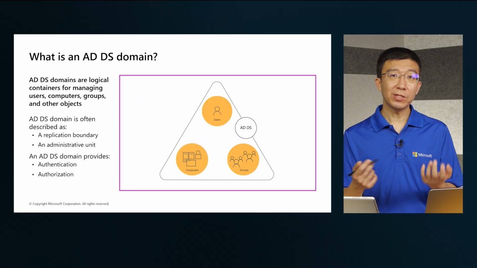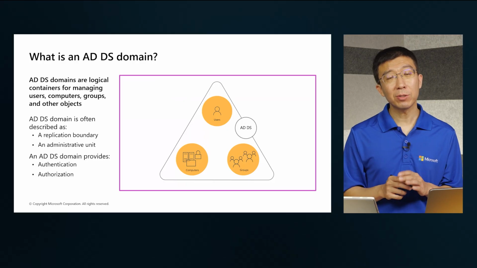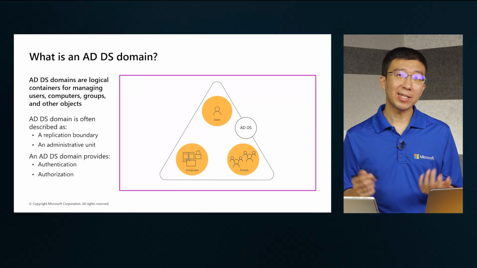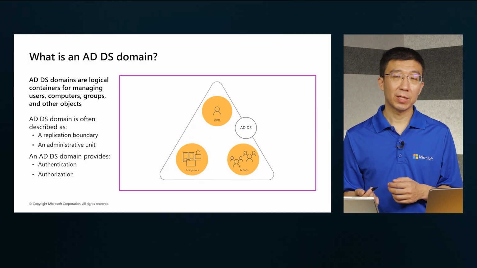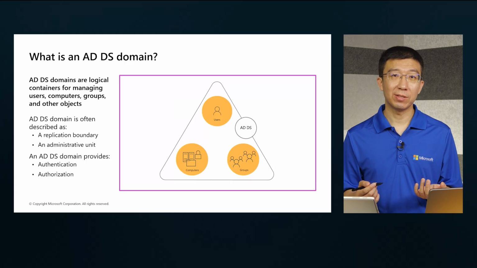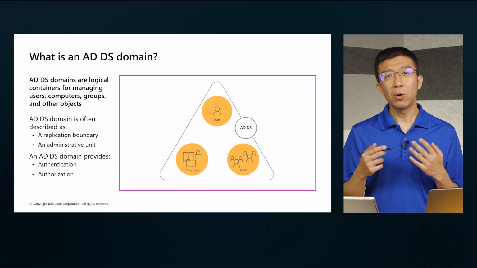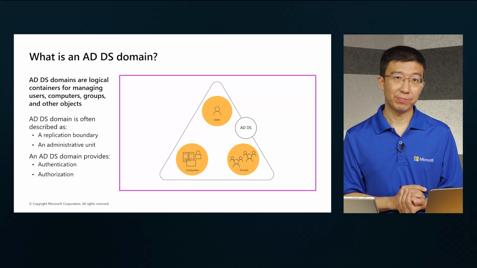Domains are logical containers for managing users, computers, and groups. They act like boundaries for replication and administration. Domains provide authentication and authorization, ensuring that only the right people have access to the right resources.